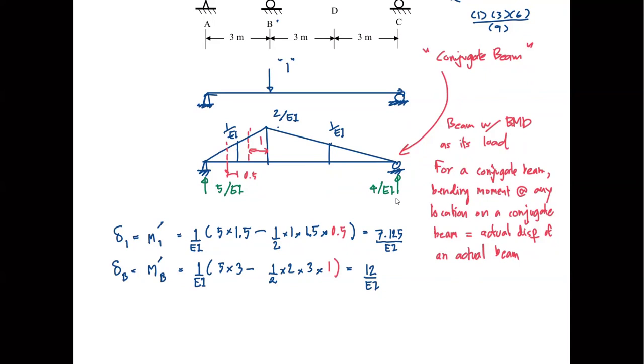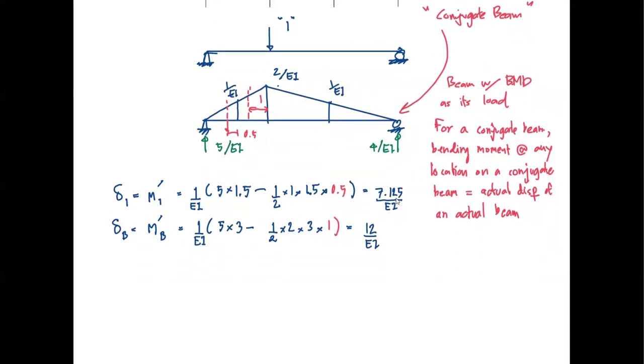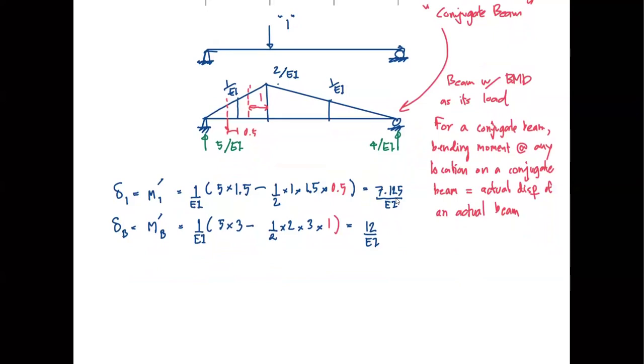And let us try to complete our job. Delta 2, again, this is the moment of the conjugate beam at location 2, and things will repeat themselves. Reaction is 5 multiplied by 4.5 now. And, okay, you know what?